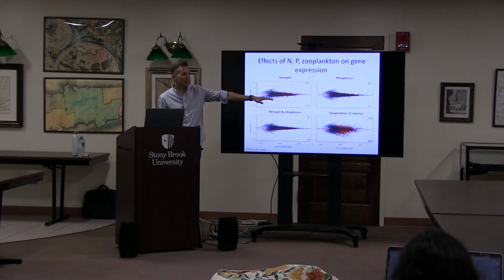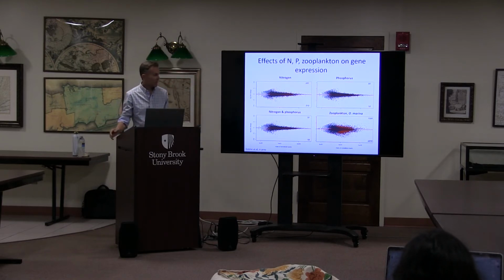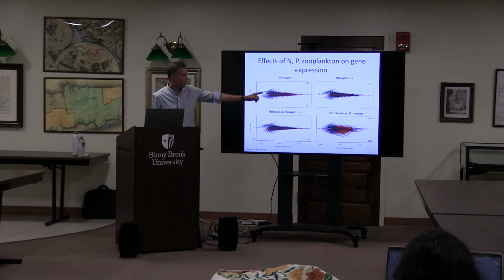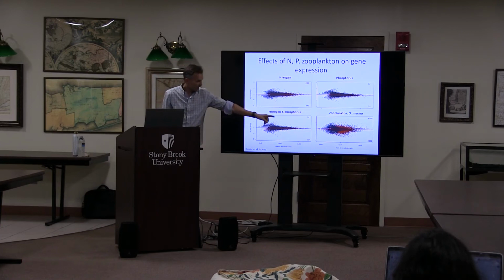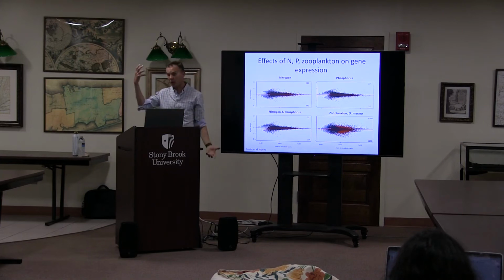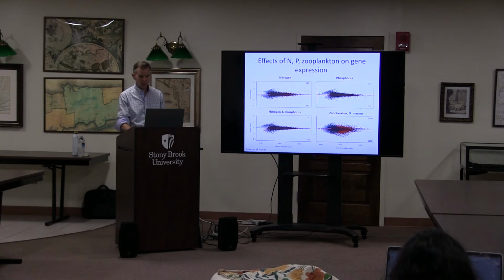Below the line is a gene expressed at a lower level. And again, just look for the red dots. What should jump out to you is that while there are some red dots that show up when you add nitrogen or phosphorus or both, there are a lot more of them when you add the grazer. The first time I saw it, I said, these cells are going crazy, right? All these genes are being turned on and off when the grazer's there. So clearly, this is having a big effect.